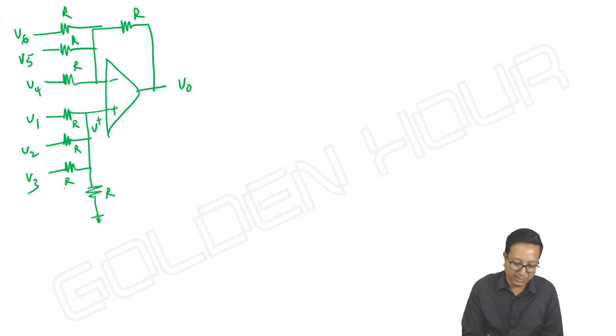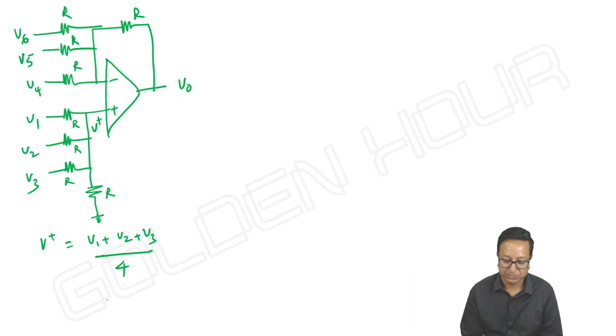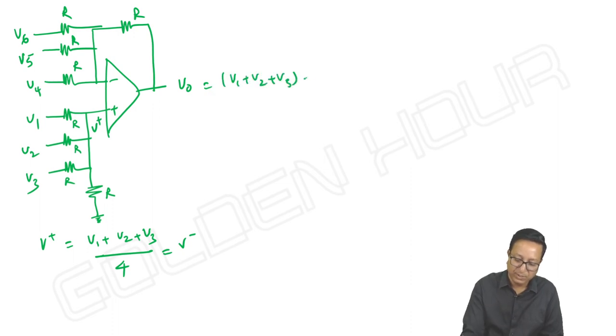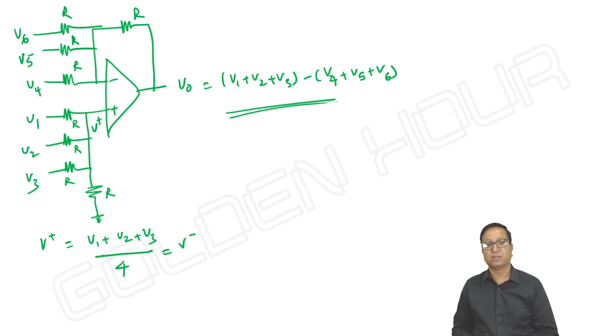I'm directly writing V plus, you get it like V1 plus V2 plus V3 by 4 resistors. So 4, that is equal to V1. Then final answer is like V1 plus V2 plus V3 minus of V4 plus V5 plus V6. Straight away I'm writing.